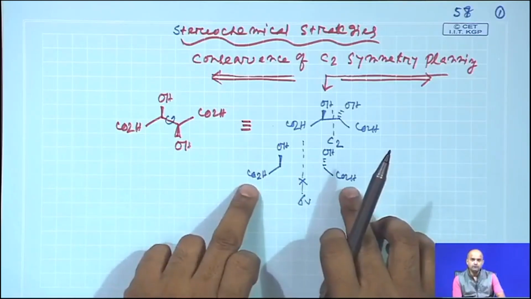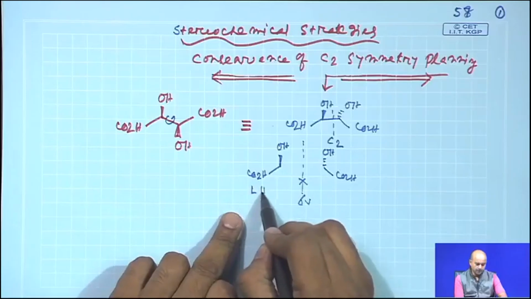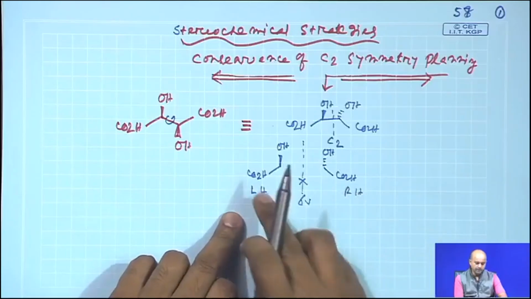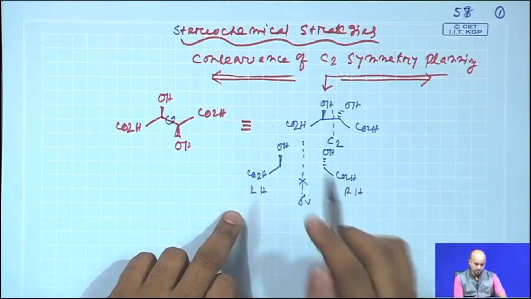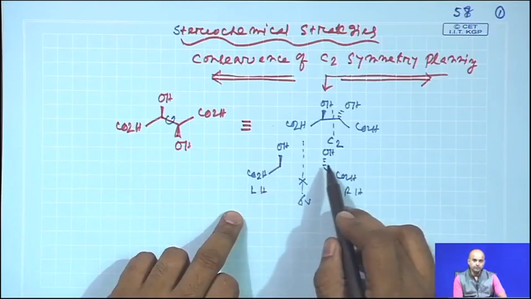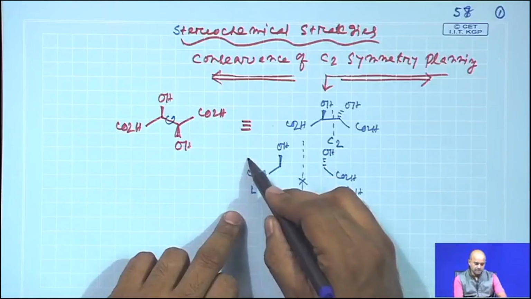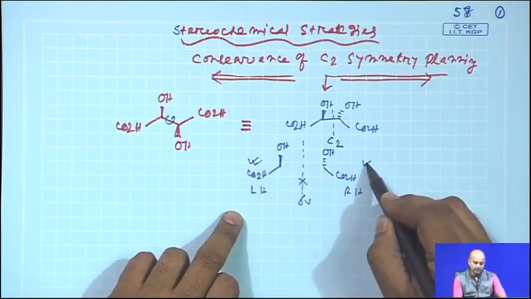Now, see this tartaric acid: the left half and right half have the same sense of chirality, because this OH is above and this OH is below, but you are viewing it from the opposite side. So they have exactly the same sense of chirality.